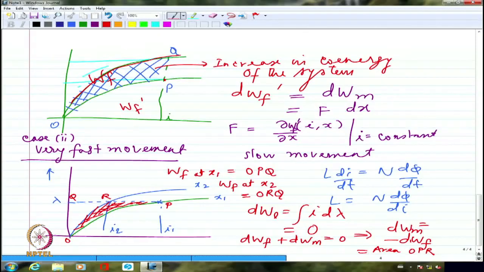So I should be able to write in this case also dou Wf divided by dou x, where I'm going to have minus of dou Wf, of course. This is a function of lambda and x, of course. This will be actually the force with lambda as a constant.